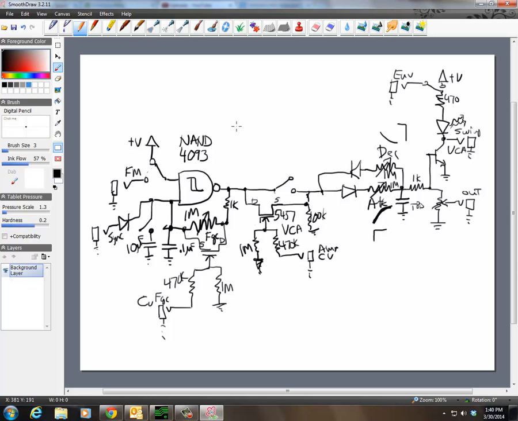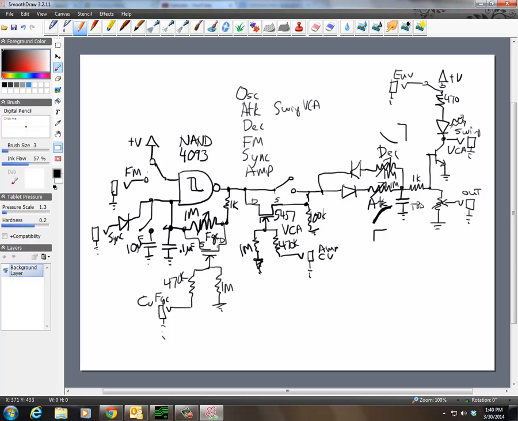So those are all the features. Some of the features I have are, it's basically an oscillator, but you can control the attack and decay of the output. You have opportunity for frequency modulation, oscillator synchronization, and amplitude modulation, and swing VCA output, as well as regular output.